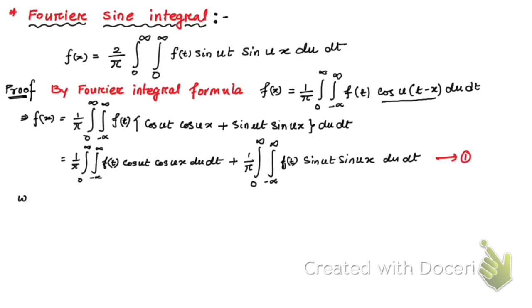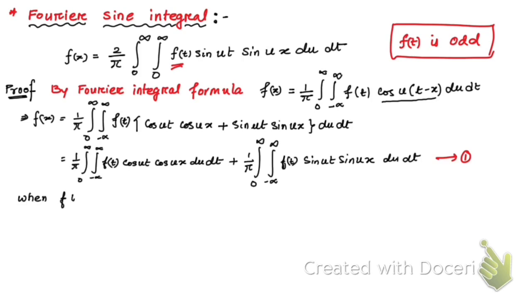So now you see, as I have already told you, here this f of t must be odd. Right, it must be odd. So when f of t is odd, then f of t into cos ut is also odd, because you see here cos ut is an even function, and f of t is an odd function, right?